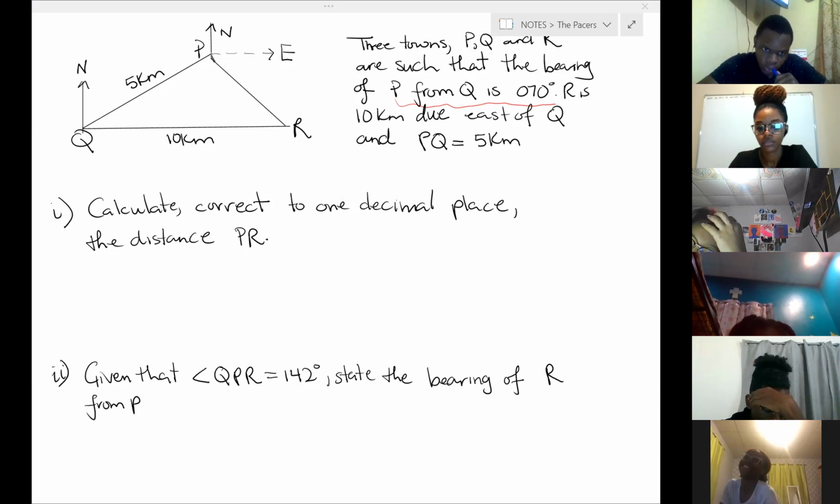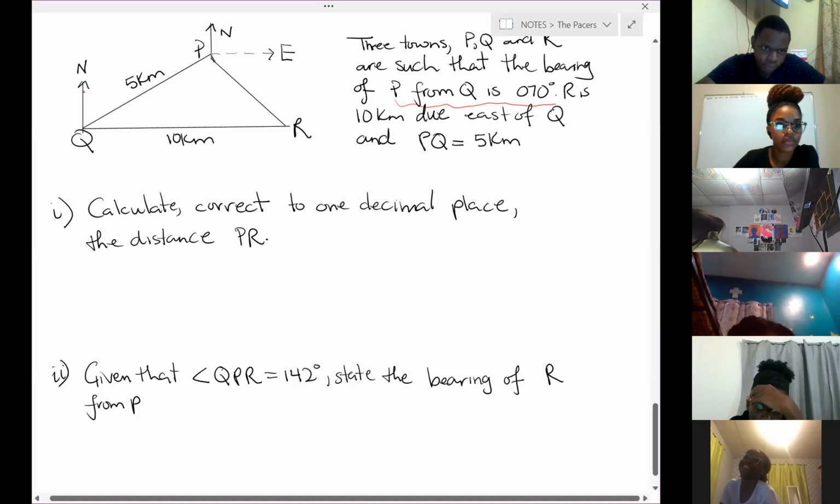In angle Q, I think. Inside angle Q? It's a bearing, right? Oh no, outside. Sorry, outside. It's between North and Q. So we make our north line and we hit here and it's 70 degrees.